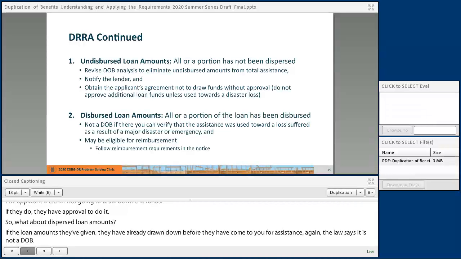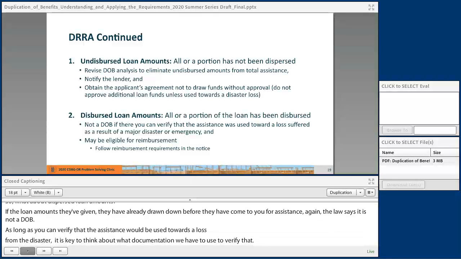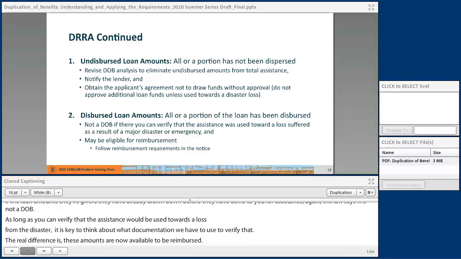But the real difference here is that these amounts are now available to be reimbursed if the grantee chooses to do that. So the 2019 DOB notice allows grantees to reimburse the costs paid by SBA loans.